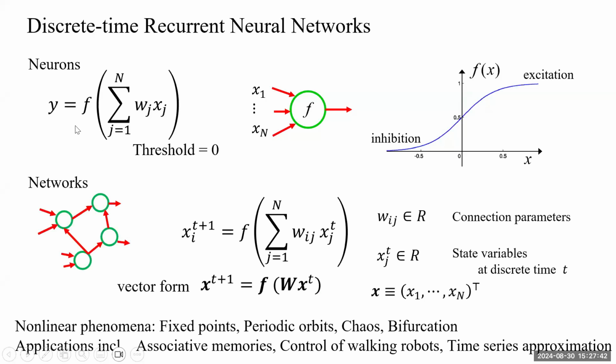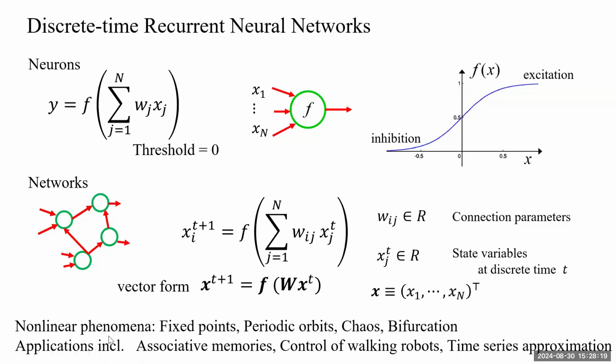Then connecting these neurons and applying delayed feedback, we obtain a dynamical system described by this difference equation, where x_j(t) is a real valued state variable at discrete time t, and w_ij are connection parameters. This is the vector form. Usually it has a threshold parameter, but we omit it for simplicity.